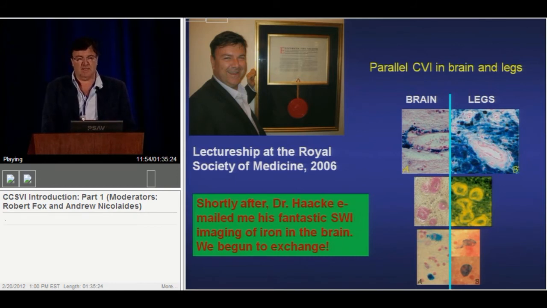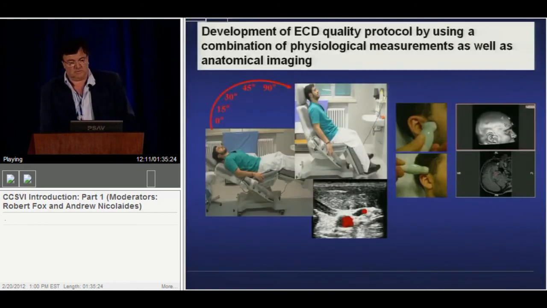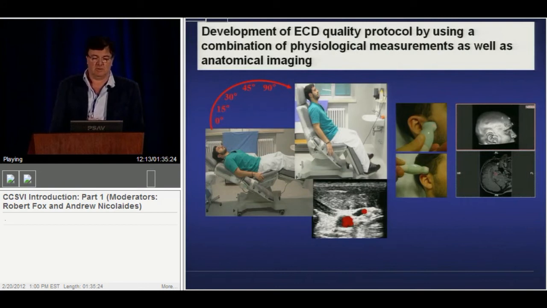I sent him my histology of iron in MS around the plaques, and he replied to me with beautiful MRI imaging. So we started the development of a quality protocol by using a combination of physiological measurements and trying to compare patients and controls.